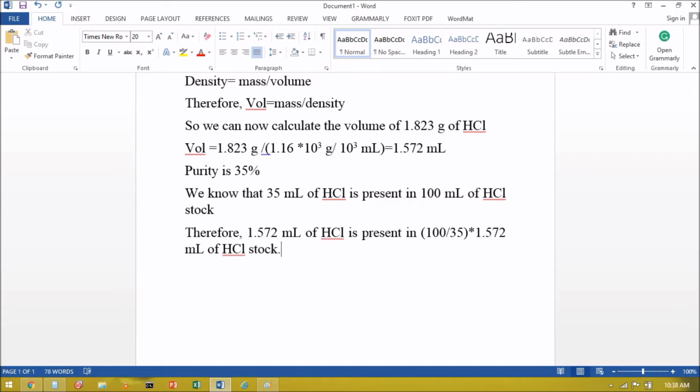You have to calculate it, 100 by 35 into 1.572, and this will give you 4.49 ml of HCl stock.